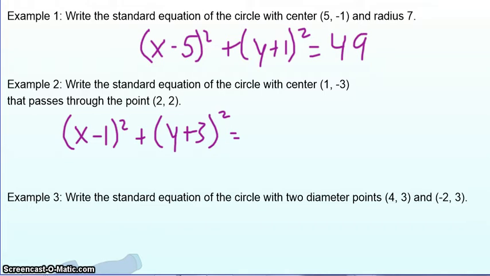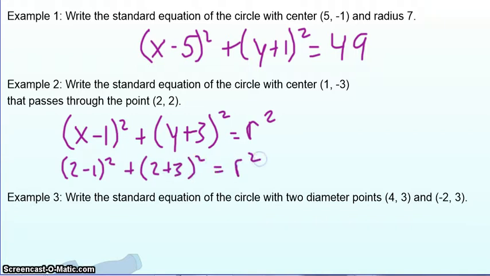Now, you could do the distance formula, but I'm not a really big fan of it. So I'm going to plug in 2 for x and 2 for y to find out what the radius squared is. So I would have (2 - 1)^2 + (2 + 3)^2 equals the radius squared. So if I plug that in the calculator, I get 26.